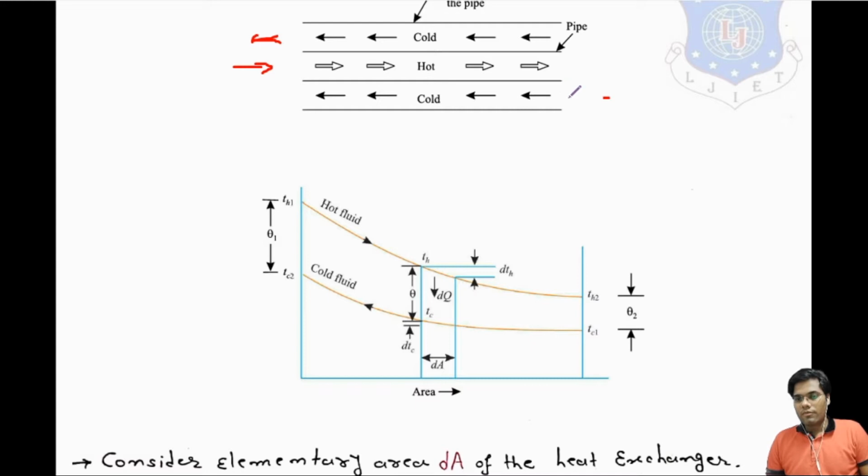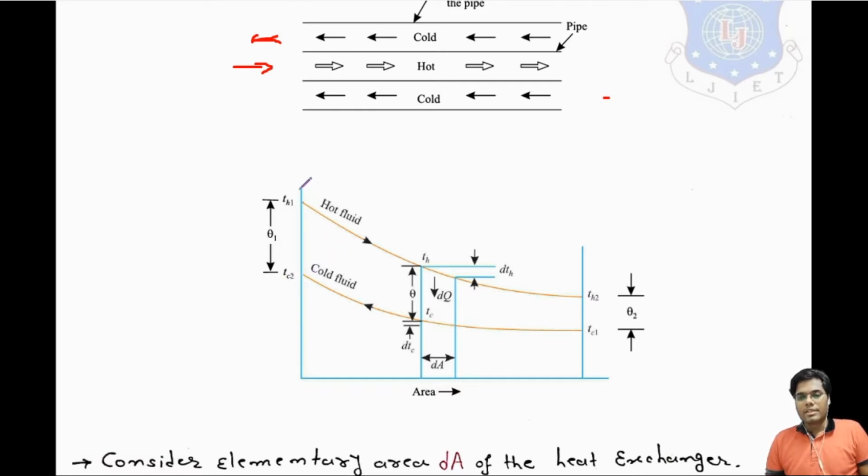As we are moving from the inlet temperature of cold fluid to the outlet temperature of cold fluid, the cold fluid will receive heat from the hot fluid, so the temperature of cold fluid will increase gradually from this point to this point. At the outlet the temperature will be TC2.